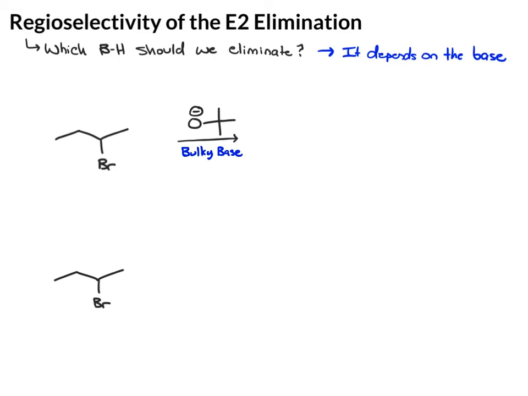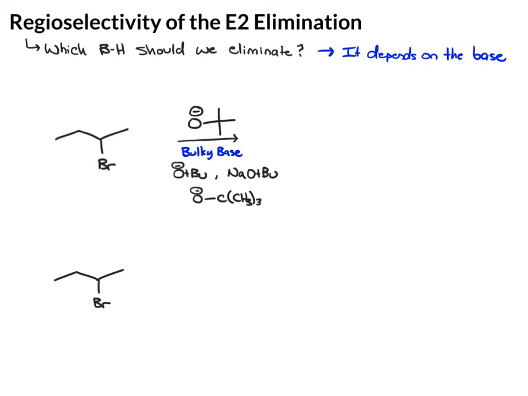Some other ways you might see this written, you might see it written as just O-t-butyl minus as an abbreviation. You might see it written as NaOtBu, or sometimes you'll see it written in more of a condensed form, where you have O, C with 3 methyls on it. All of these mean the exact same thing. If you see that, think bulky base.